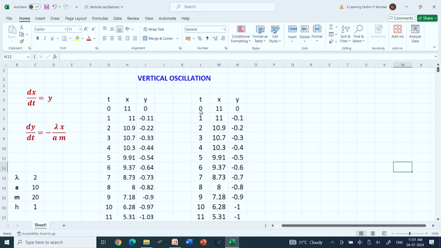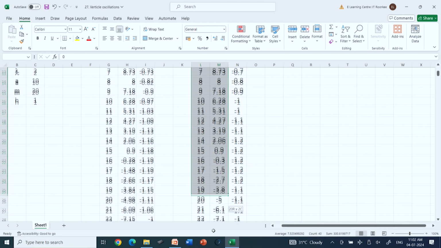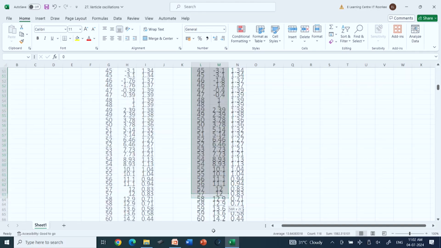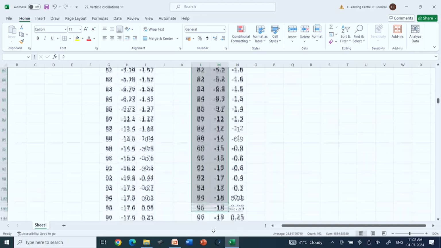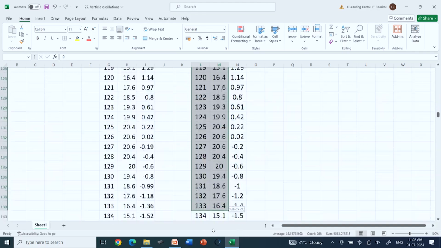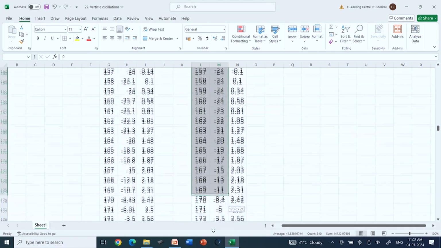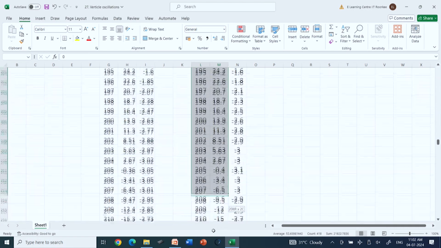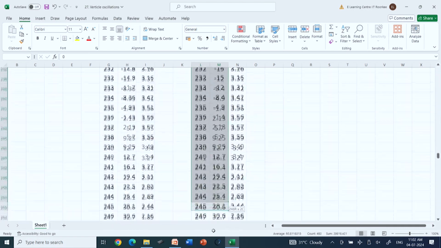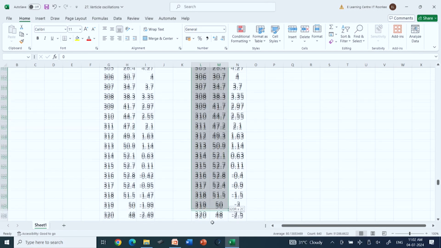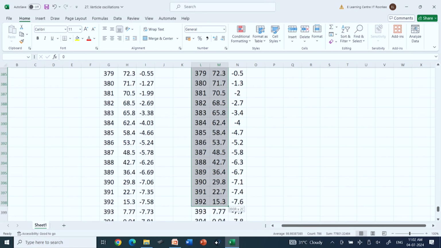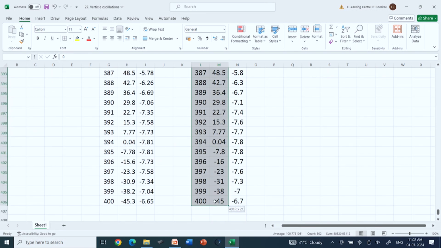So let's first plot between t and x. We will be plotting two graphs, one with t and x, another between t and y. We have 400 values here.